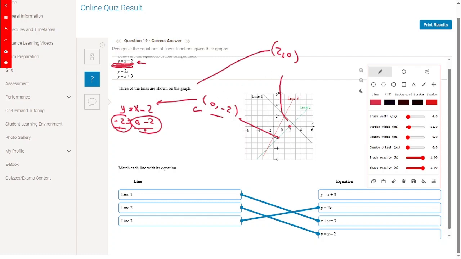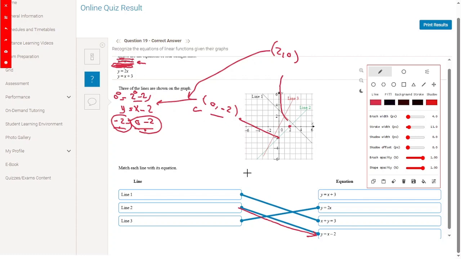Let's take the other one, 2 and 0. x is 2 and y is 0, and 2 minus 2 is 0, so they are equal. That means this equation is for line 2. So we'll remove this one from here also.